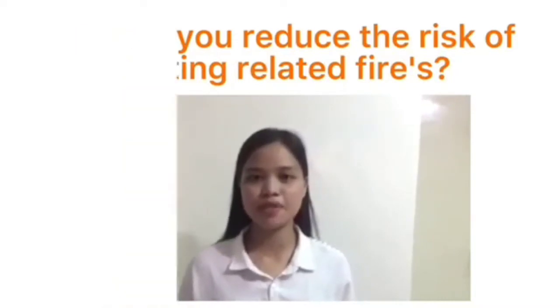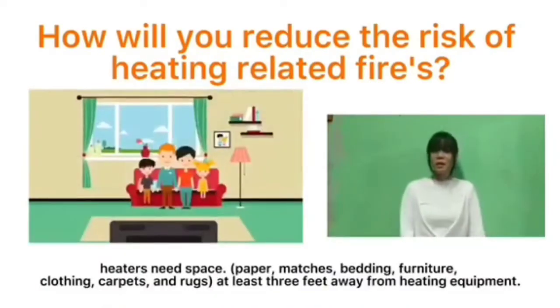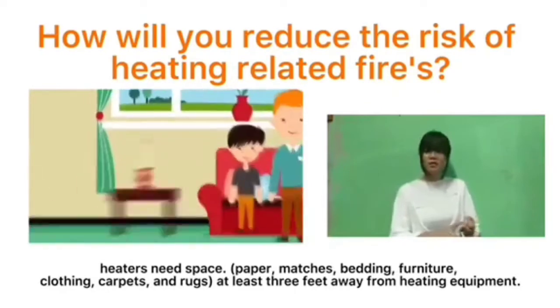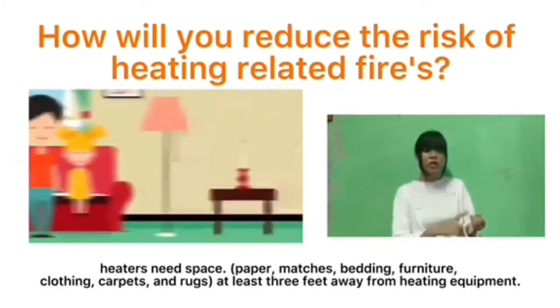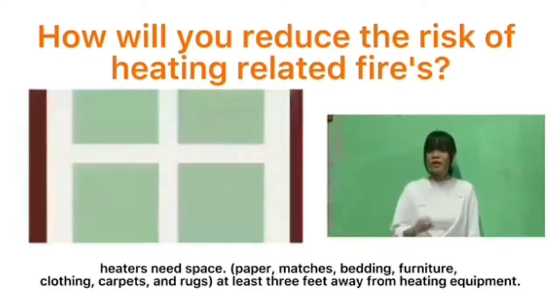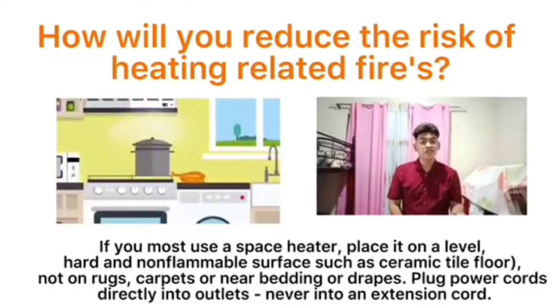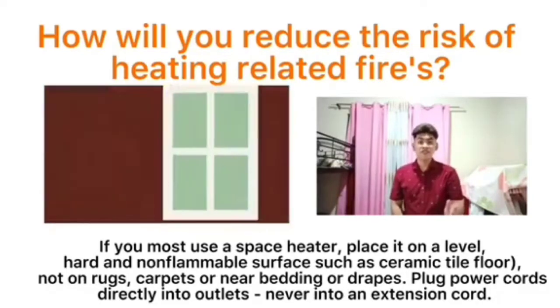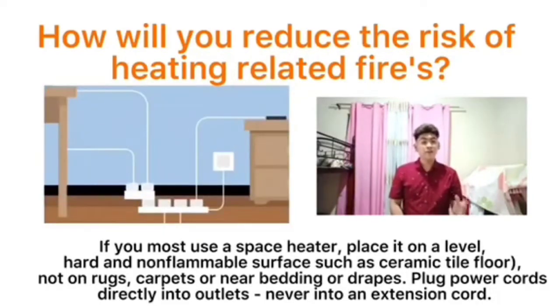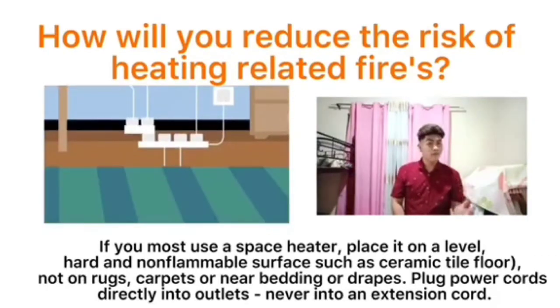Here are some steps. A heater needs space: keep paper, matches, bedding, furniture, clothing, carpet, and drapes at least 3 feet away from the heating equipment. If you must use a space heater, place it on a level, hard, and non-flammable surface, not on rugs, carpets, or your bedding or drapes.